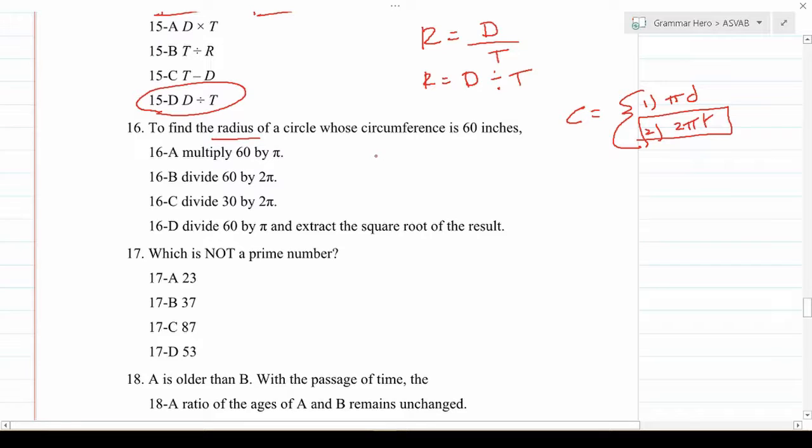So again, the formula we're using is circumference equals 2 pi r. So 60 equals 2 pi r. We want to know what the radius is, or r. So we're going to divide both sides by 2 pi. We're left with r equals 60 over 2 pi. And we can see that that's going to be b. Divide 60 by 2 pi.